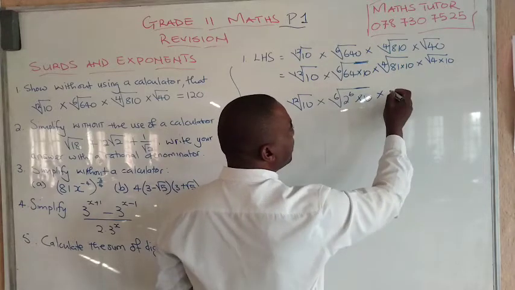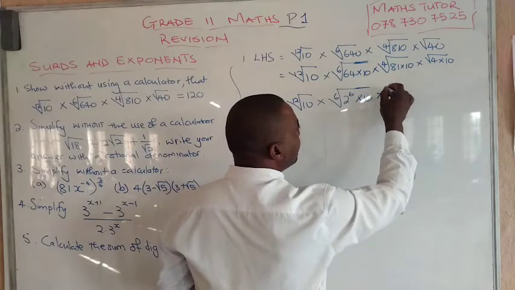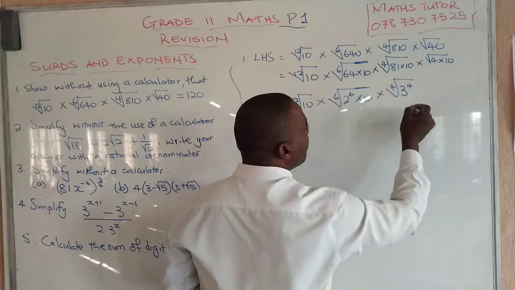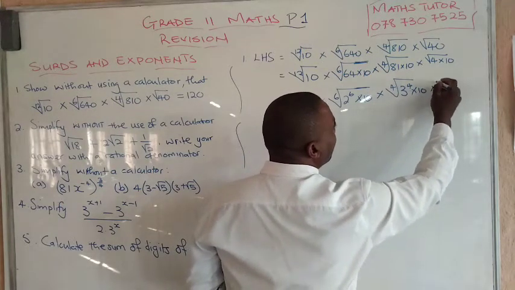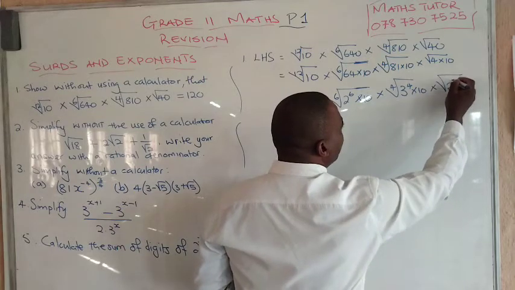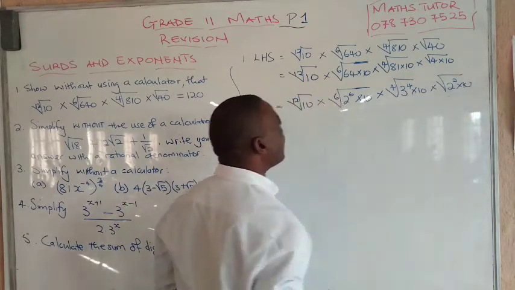And then 81 we can write it as 3 to the power 4 times 10, and then 4 we can write it as 2 to the power 2 times 10.